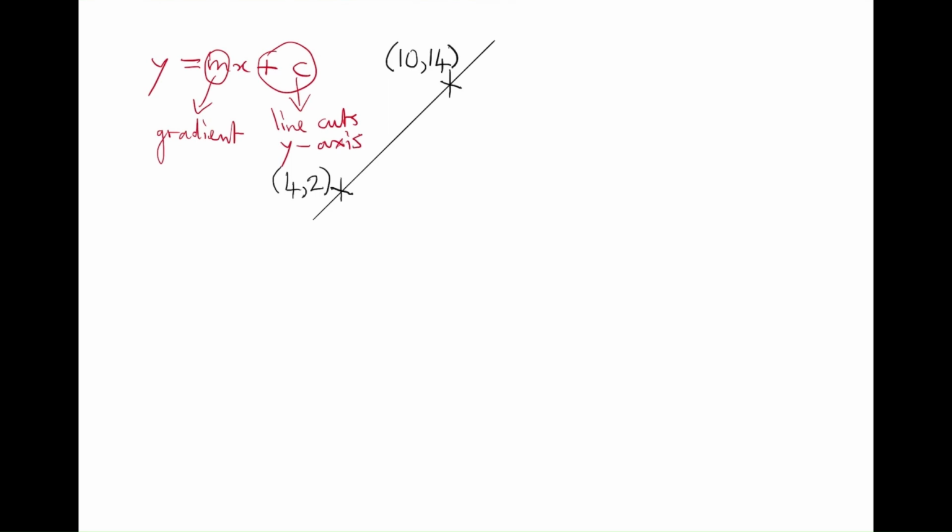Our first job is to find the gradient m. We can find the gradient by working out the change in the y values for the two coordinates and then dividing it by the change in the x values.